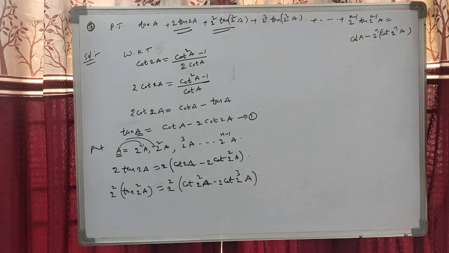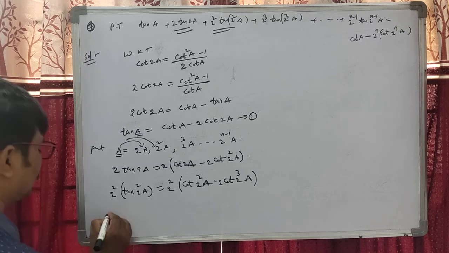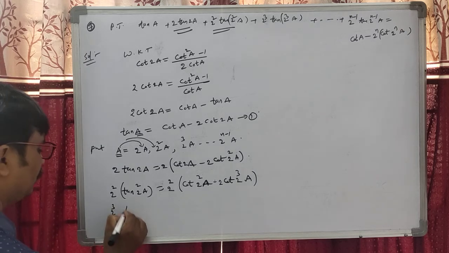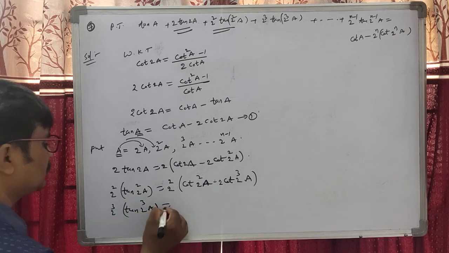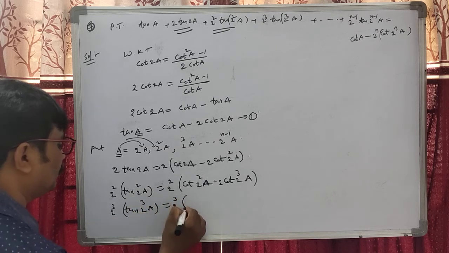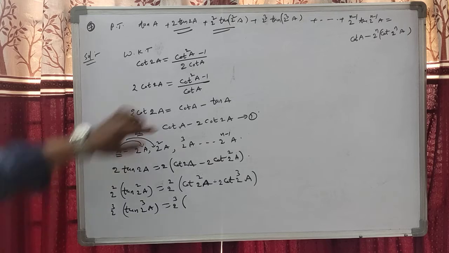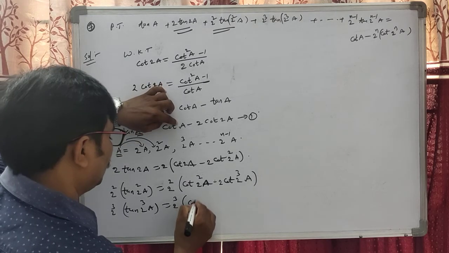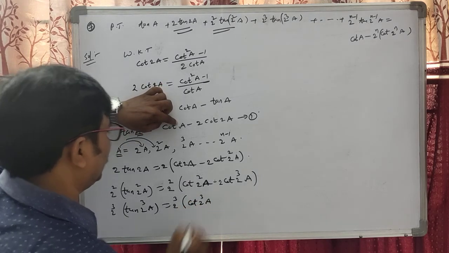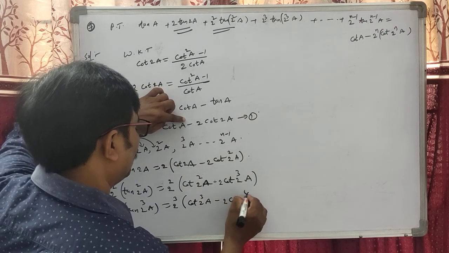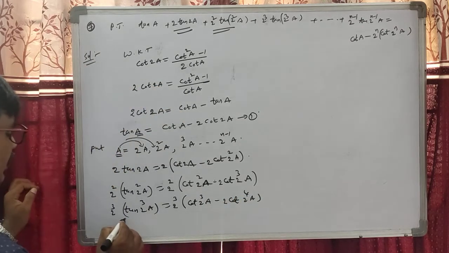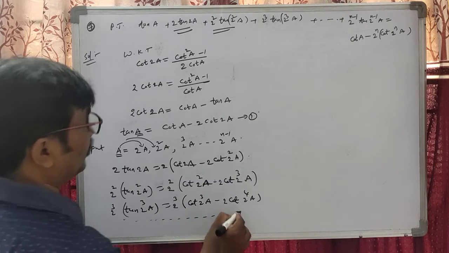And so on, suppose we take 2 cube into tan of 2 cube a. We replace a, so it is cot of 2 cube a minus 2 into 2 power 4a, dear students, and so on.